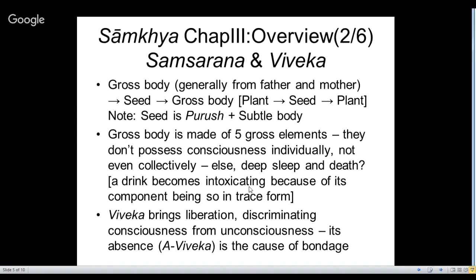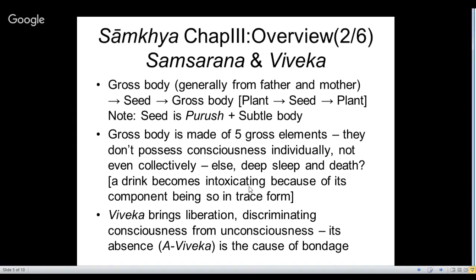It may not be visible to us, but that is what is there. And in a supporting favorable situation, it is growing. Without a seed, no plant takes up. The seed is a very tiny element, but the plant can be a huge tree, is it not? So that intoxicating effect is very visible, but it was certainly there in a very minute form in a particular ingredient. This is called Satkaryavad.